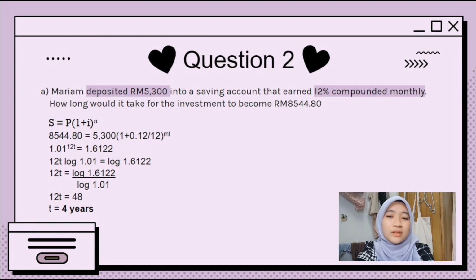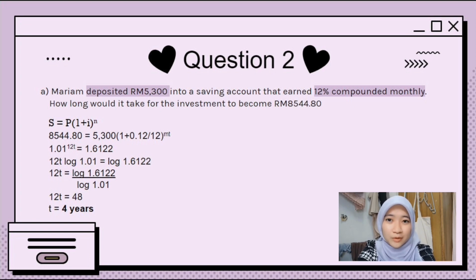The number of interest periods in the investment period is denoted by n, where n is equal to mt. m is the number of interest periods calculated in a year and t is time, but make sure to calculate t in years. Since we are searching for t, we can carry on with our calculation m times t, which is 12 times t. We can write it as 12t.